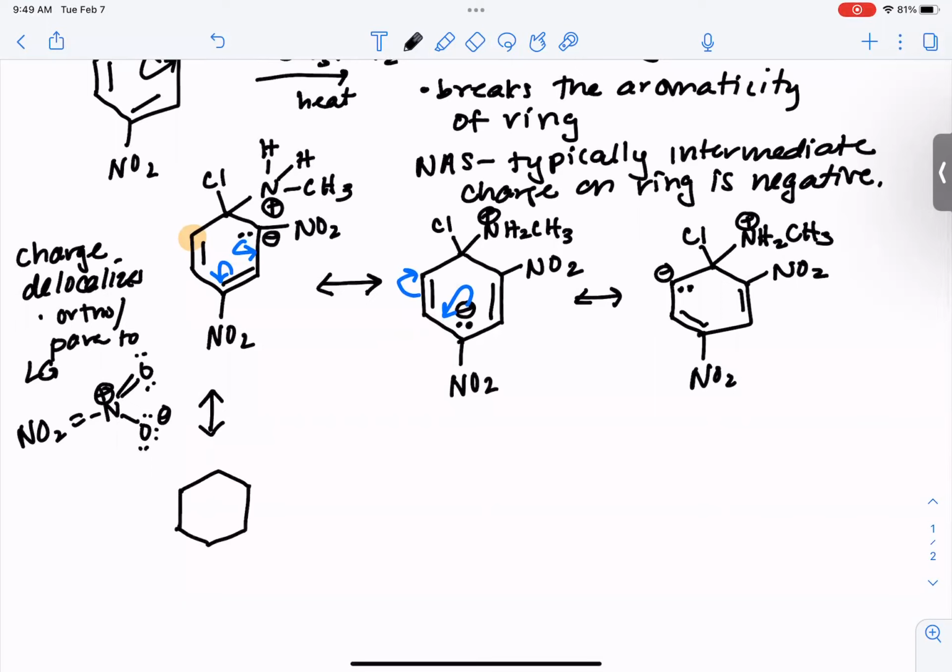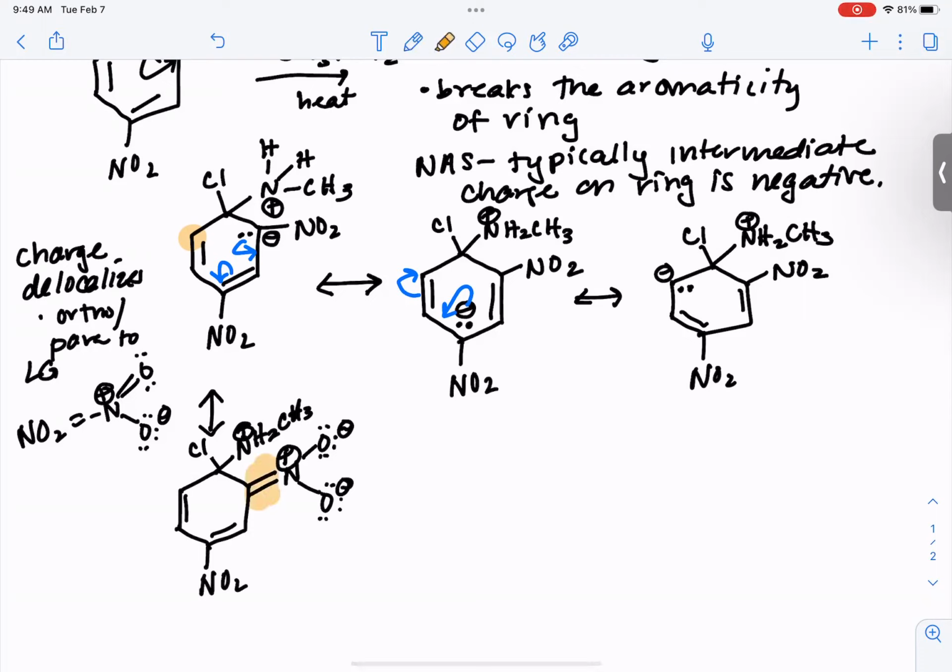So that when we delocalize, that nitrogen is still positively charged, but we put the negative charge out onto one of the oxygens. So you get extra resonance here. And then I'll show you again at the para position when that negative charge is there.